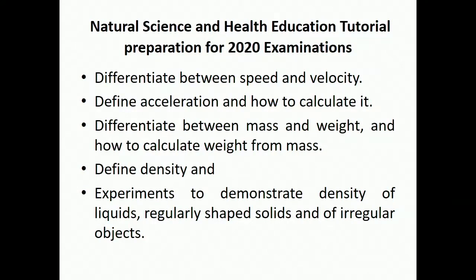Okay, then we move on to the difference between mass and weight, and also how to calculate weight from mass. Here we have a lot of differences that differentiate these two terms. You should know the unit of measurements, in which unit mass is measured and in which unit weight is measured, and also know the instruments of measurement: what instruments we use for measuring mass, and what instruments we use for measuring weight.